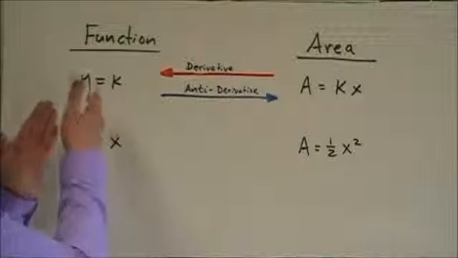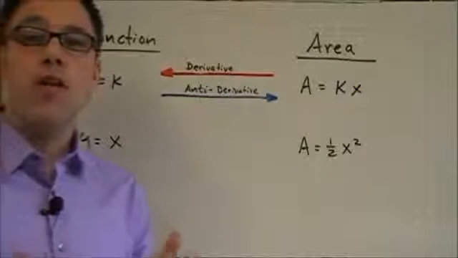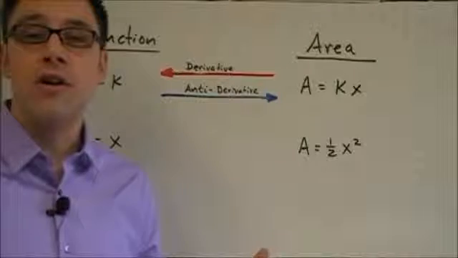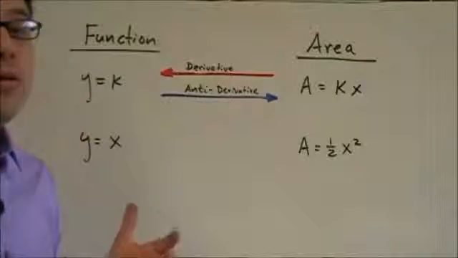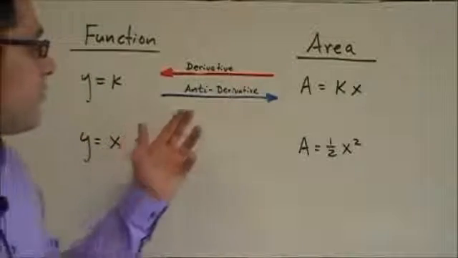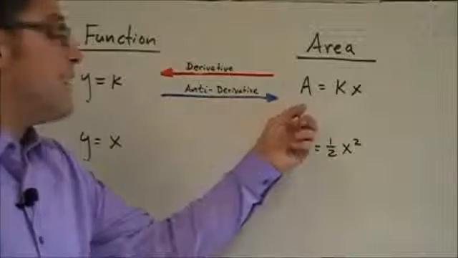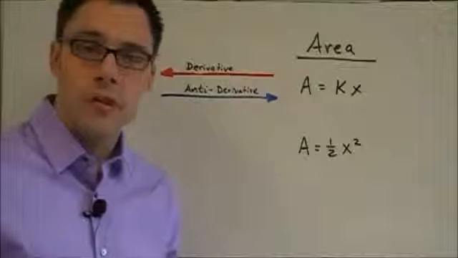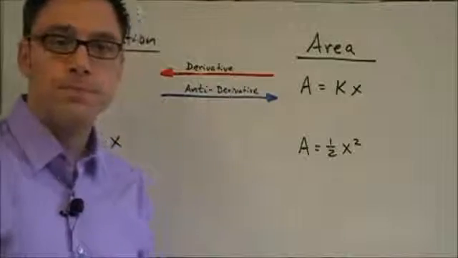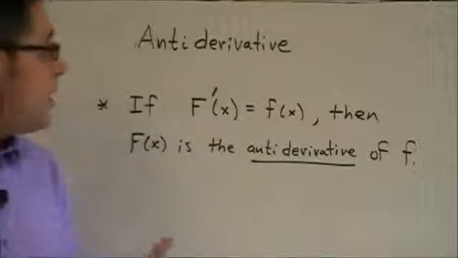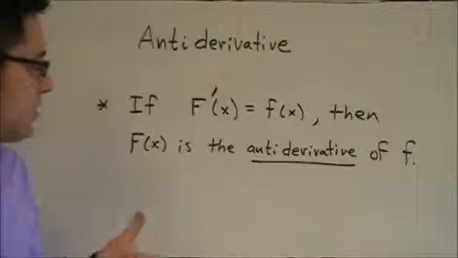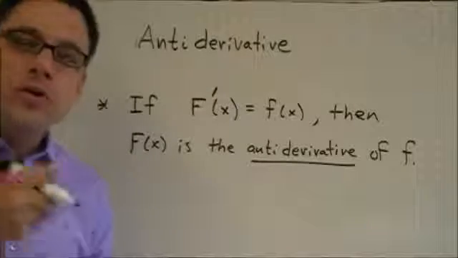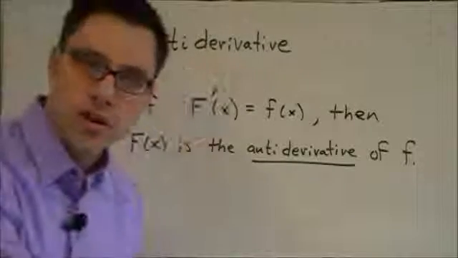So in other words, if I have a function and I really want to know the area underneath that function, I could easily compute that by finding the antiderivative, which is just the opposite of the derivative. We just go backward. So more formally, the antiderivative is the function whose derivative gives you the function you're looking for.